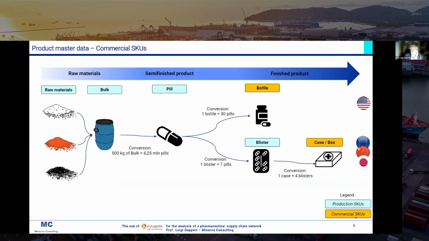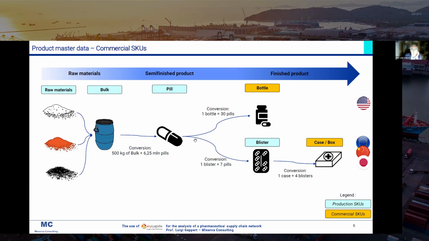This is the production flow. So you see the raw materials needed to produce the bulk. The bulk is manufactured at a French company. From the bulk, we get the pills.